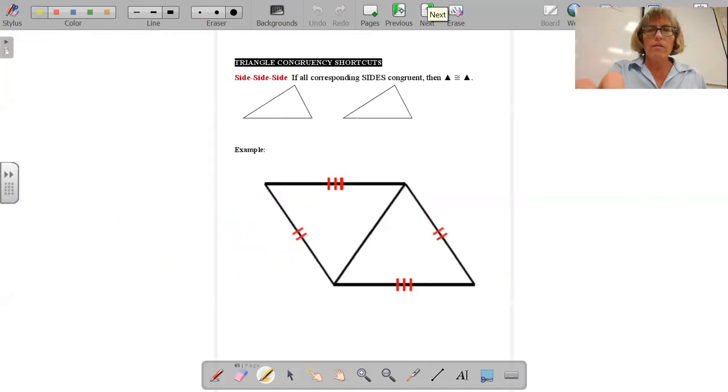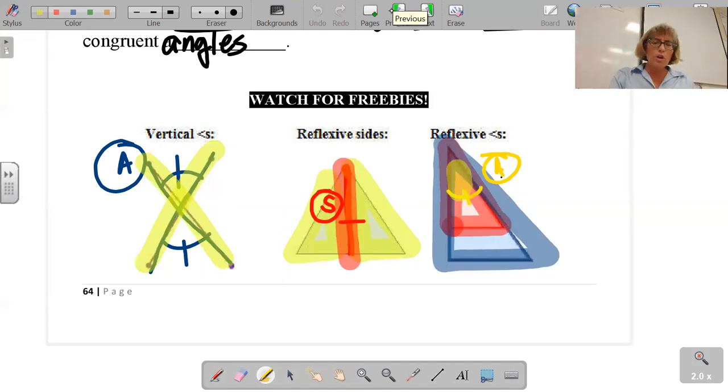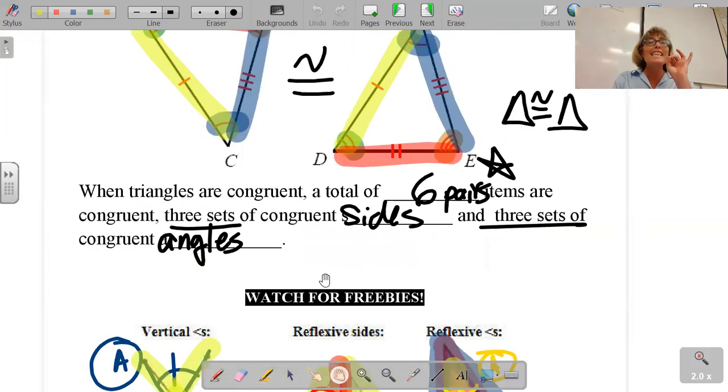So, when things are congruent, there's 6 pairs of things equal. What I'm going to show you now is shortcuts. The shortcuts say, instead of having to have 3 pairs of sides, go like this with your fingers, say 3 sides, 3 angles, total of 6, 3 sides, 3 angles.